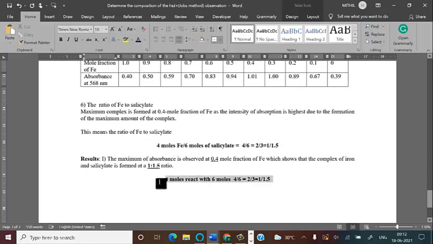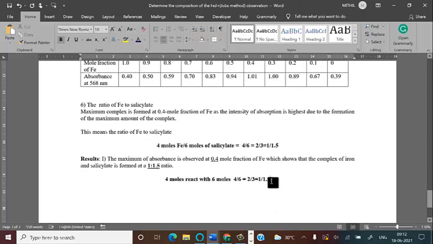Now this data is a little erroneous, and this is what we got in our laboratory. There is error because there is a report that iron forms a complex with salicylate in a ratio of 1 to 1.